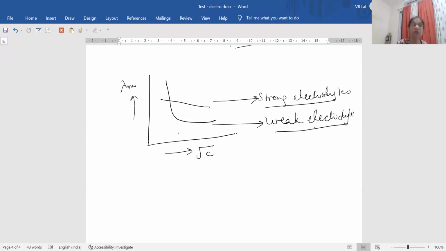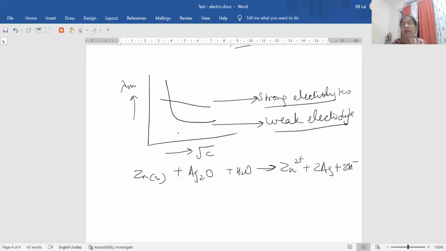So let me write down the reaction for you: Zn solid plus Ag2O plus H2O giving Zn2+ plus 2Ag plus 2OH minus, right?